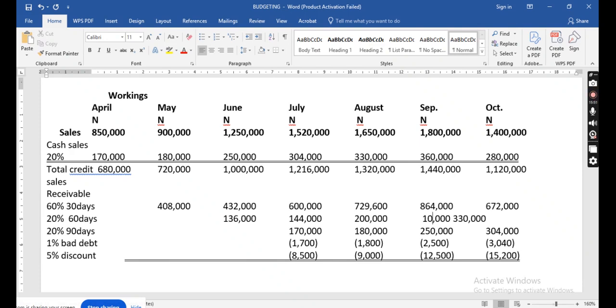Okay. Next. 243,200. Please, others should confirm. 243,200, right? 264. Yes, 264. Okay.